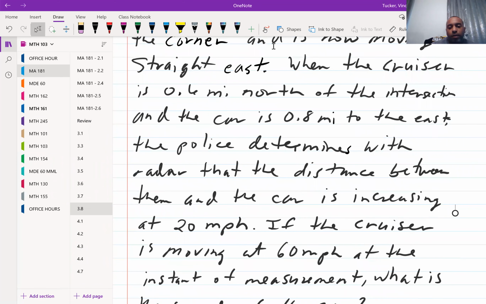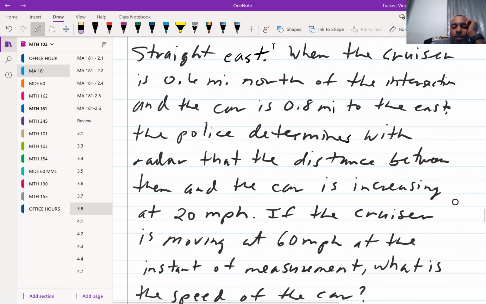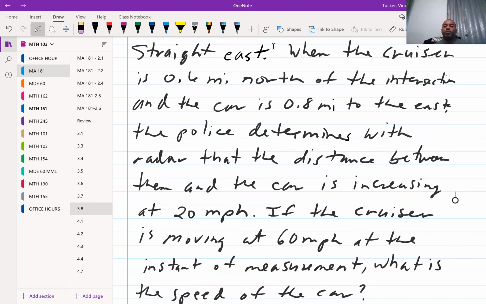It says if the cruiser is moving at 60 miles per hour at the instant of measurement, what is the speed of the car?